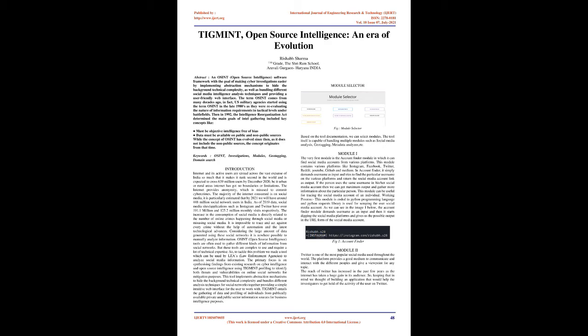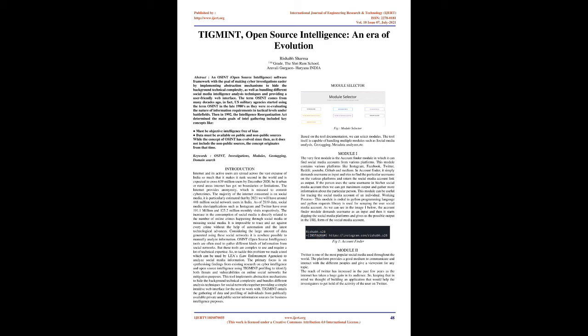The primary focus is on synthesizing findings from existing research on cyber intelligence and open source intelligence using TIGMINT profiling to identify both threats and vulnerabilities on online social networks for mitigation purposes. This tool implements abstraction mechanisms to hide the background technical complexity and bundles different analysis techniques for social networks together, providing a simple, intuitive web interface for the user to work with.